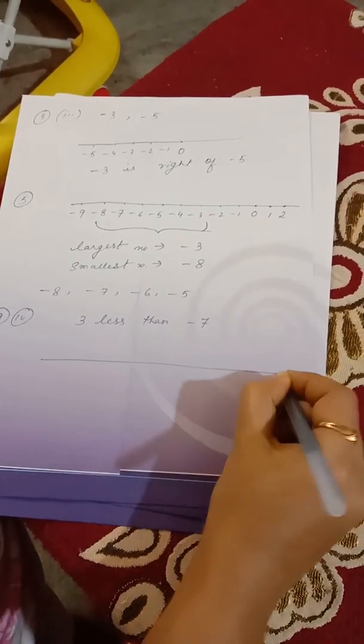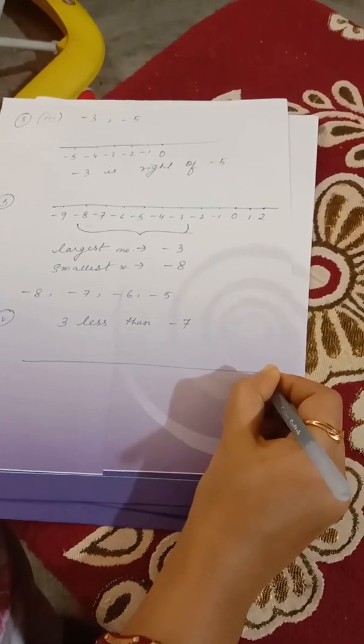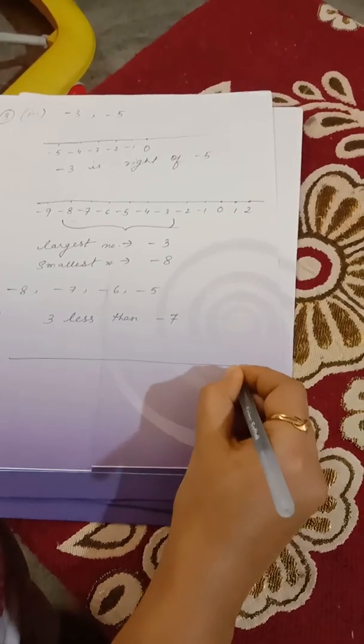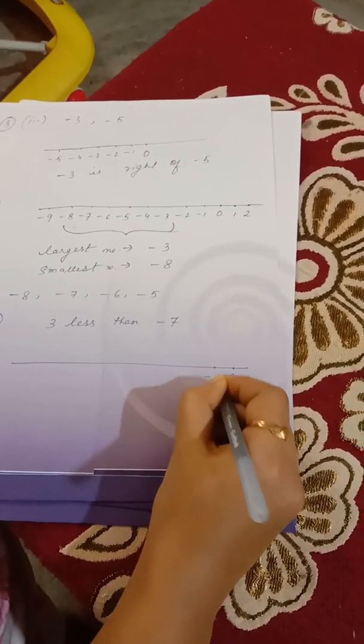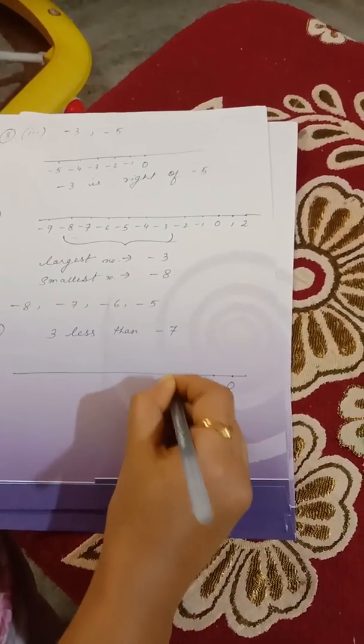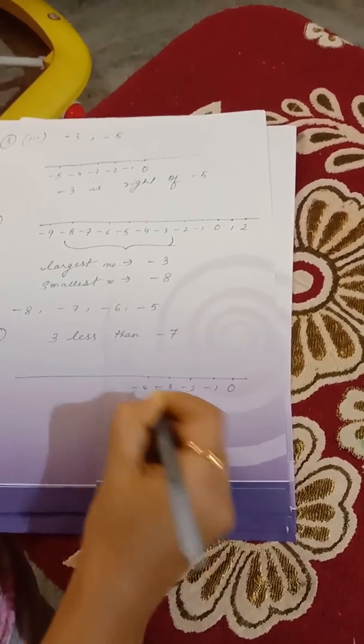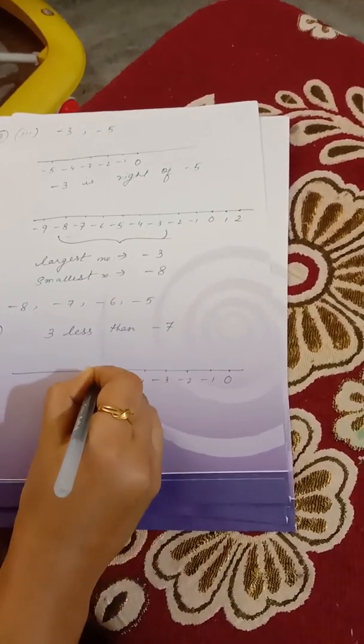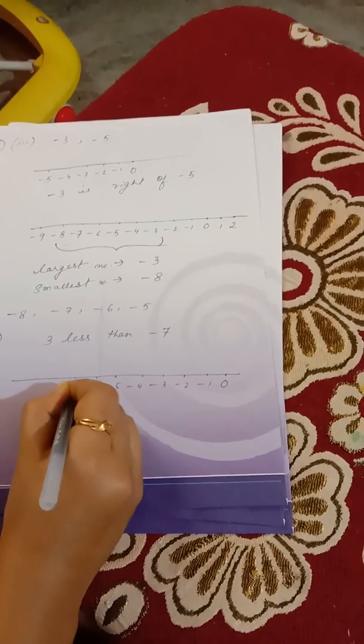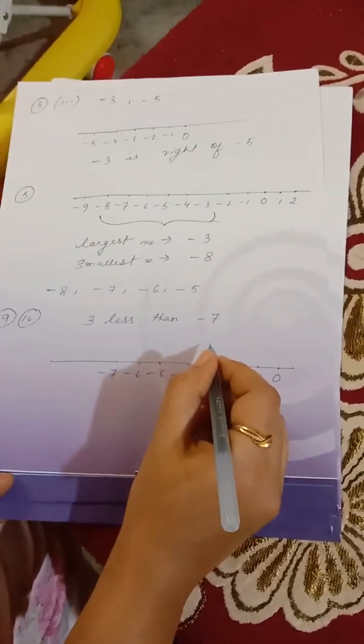So for that, again we have to draw the number line. 0, so what is told here? 3 less than -7.